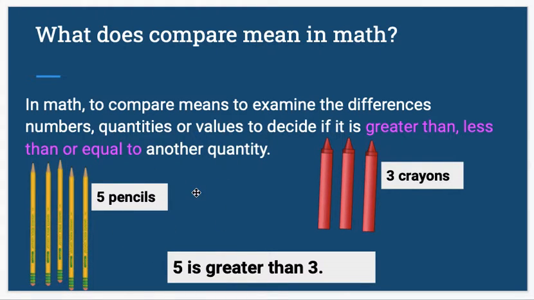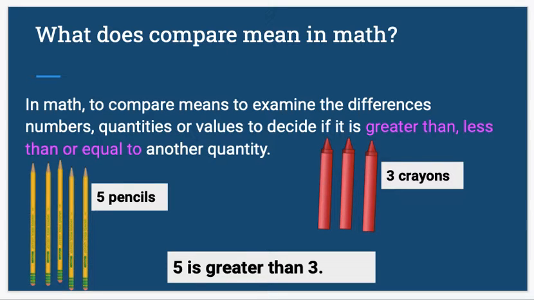I did hear most of your answers, and some of you are comparing the quantity, the pencils are more, some of you mentioned the crayons are less, and that the pencils are yellow in color, the crayons are red in color. Those are all good comparisons. Yes, 5 is greater than 3. We are looking at the number, right? We have 5 pencils compared to 3 crayons.